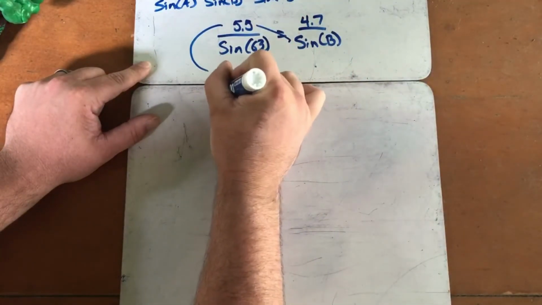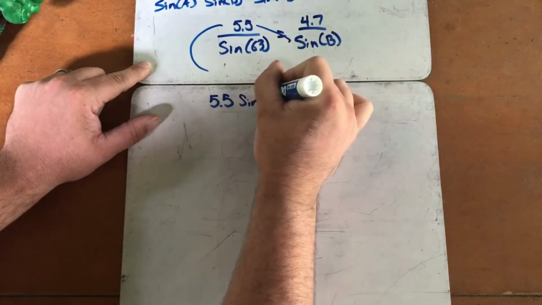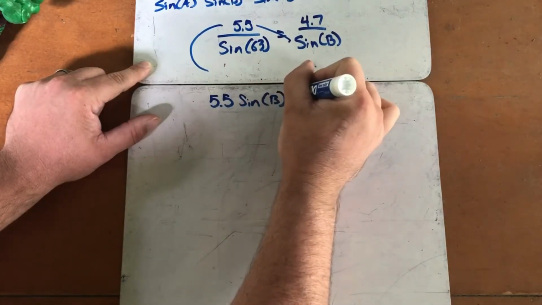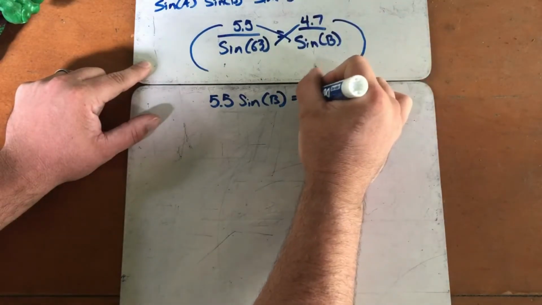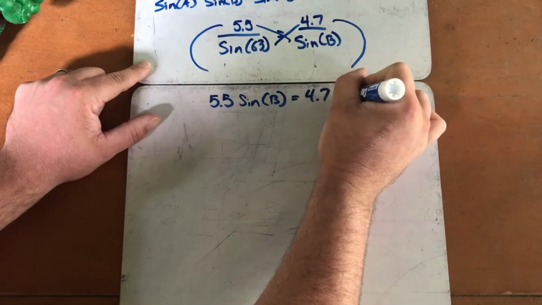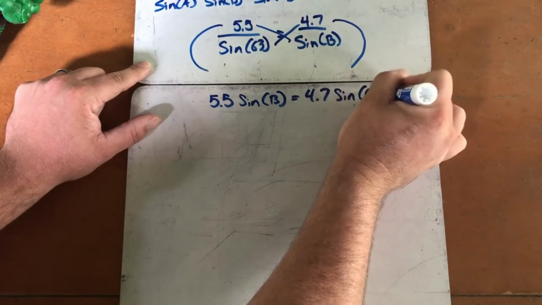So I end up with 5.5 times the sine of B equals 4.7 times the sine of 63.